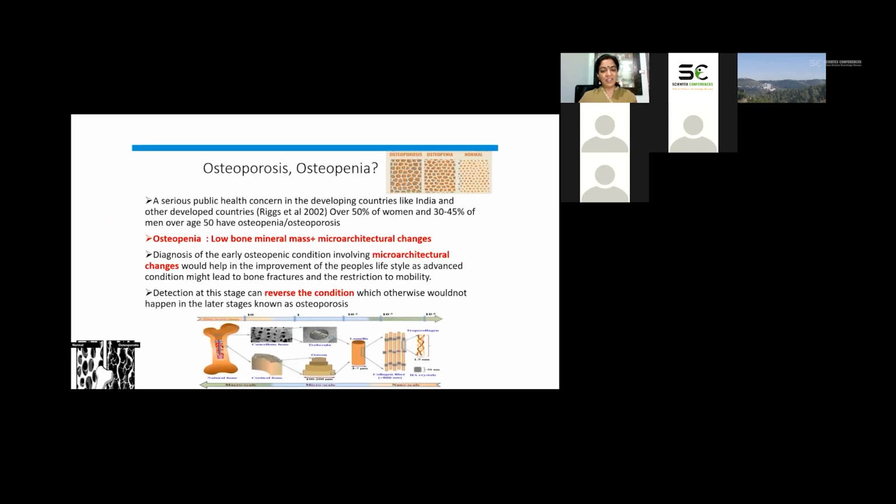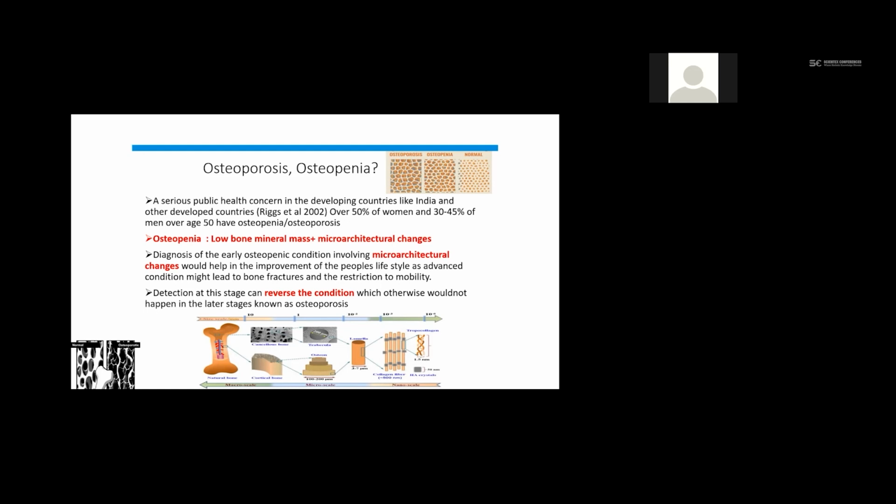As we all know, it's a major health concern in developing countries like India and developed countries. Everybody is putting in efforts to circumvent this problem. And this is a major issue. Over 50% of women are prone to osteoporosis because of post-menopausal bone loss.